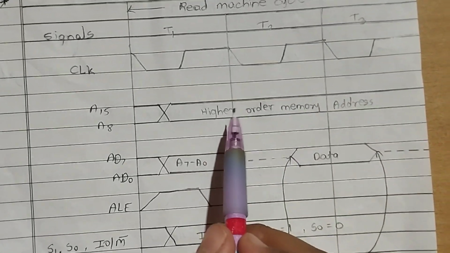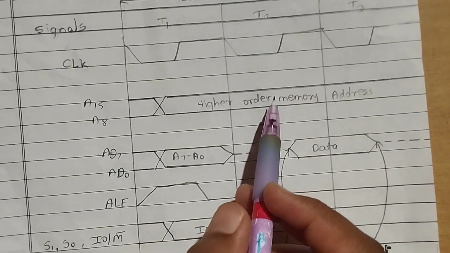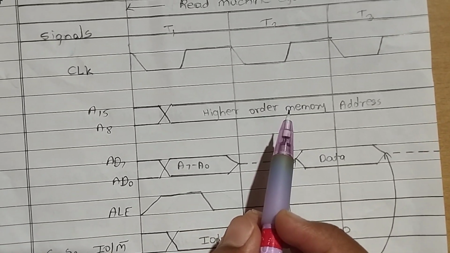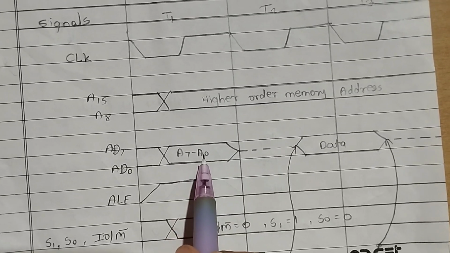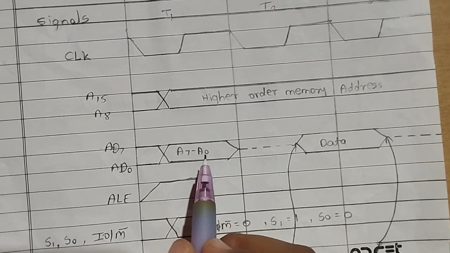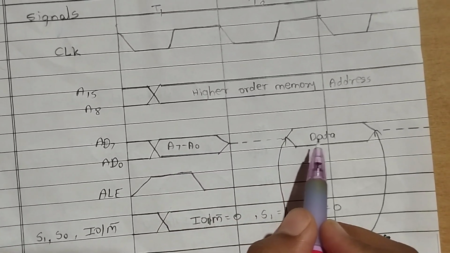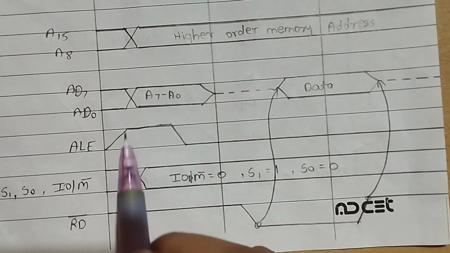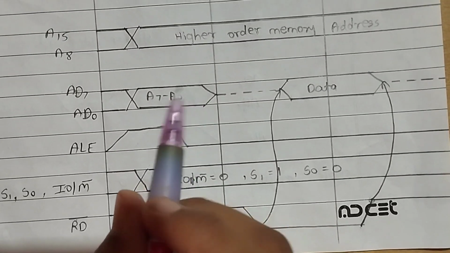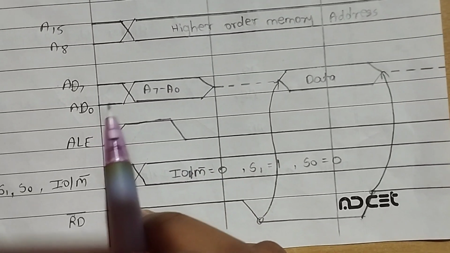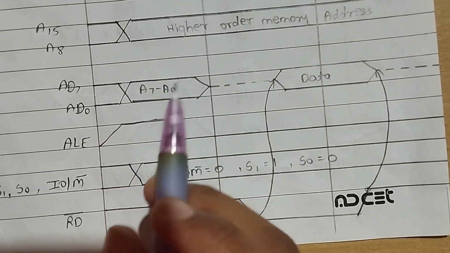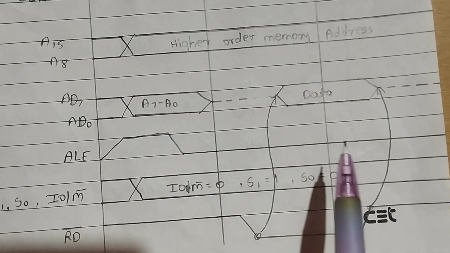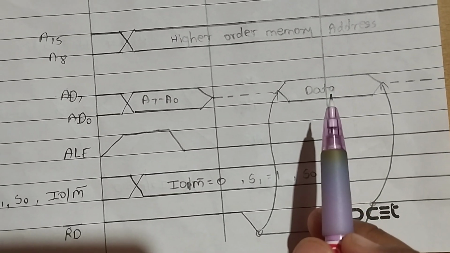Then we draw the higher order memory addresses. Here we store the higher bit addresses. Then here we mention the lower bit addresses. Then data, this column is used to store the data. When ALE is high, in AD0 to AD7 we store the lower bit addresses, and when it goes low, we store the data.